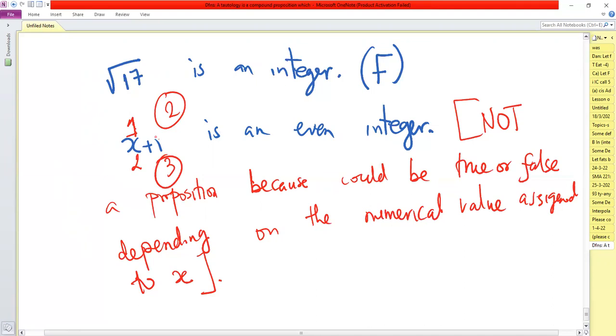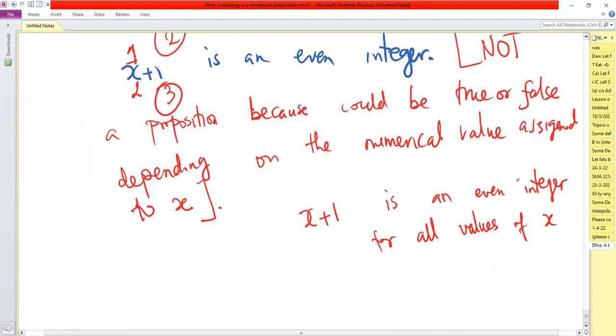But if we had said x plus 1 is an even integer for all values of x that are odd, or for all integers x that are odd, then it will be 2.